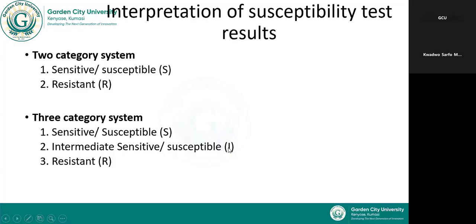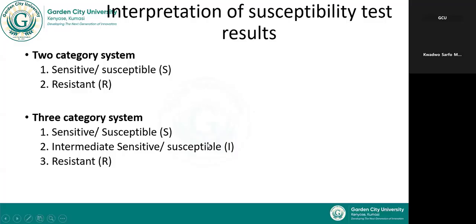He or she may have to increase the dosage, because at that concentration where you tested, the organism may become resistant with time. But if the concentration is increased, it will work and then become sensitive, S. And the clinician will only fall on the I when there was no S recorded.